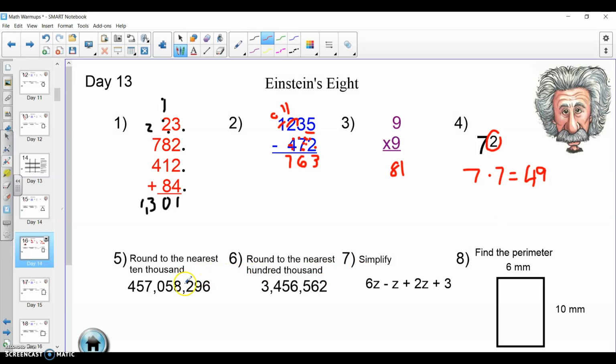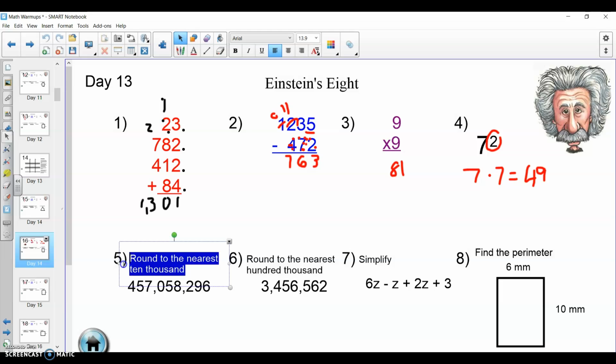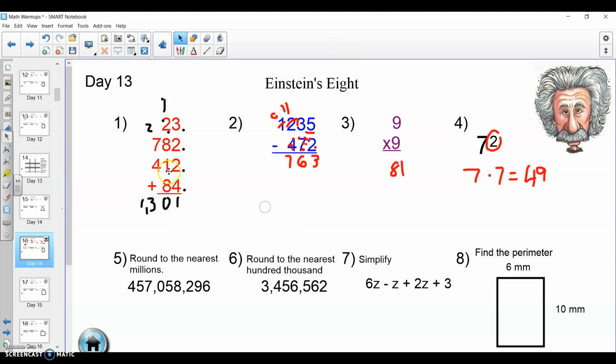Round to the nearest 10,000. Or it's not 10,000, is it? Millions. Let me change that on this. Nearest million. Okay. So we know that which digit is in the millions? The 7.